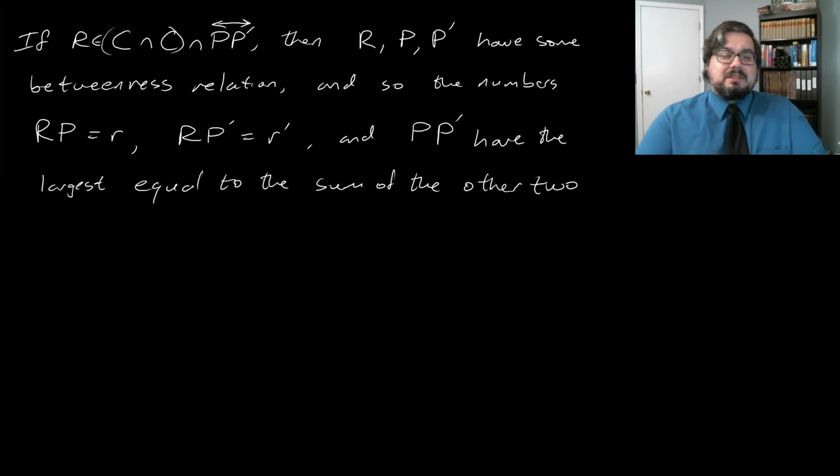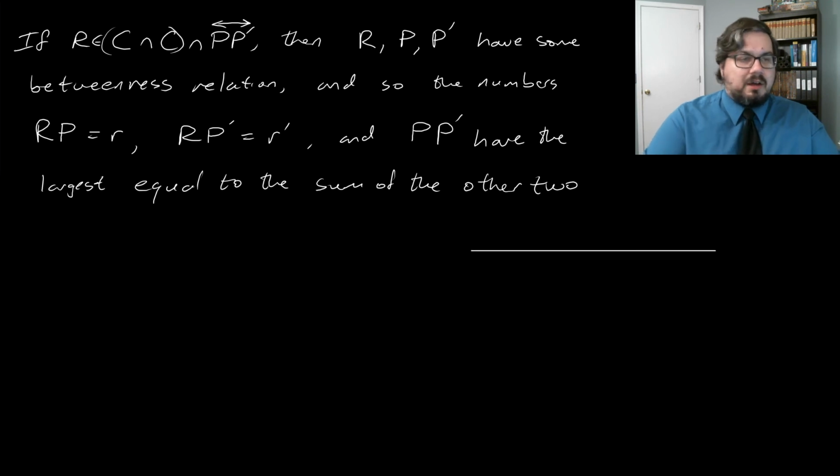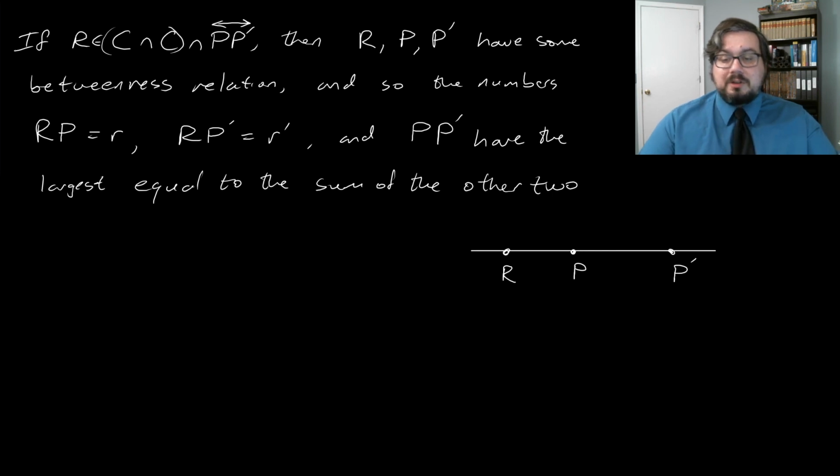Because if we've got R, P, and P prime on the line, let's say we have P, P prime, and let's say we have R over here. There's some sort of betweenness relationship. We know that the distance from R to P is little r. The distance from R to P prime is little r prime. And then, of course, we've got the distance from P to P prime.